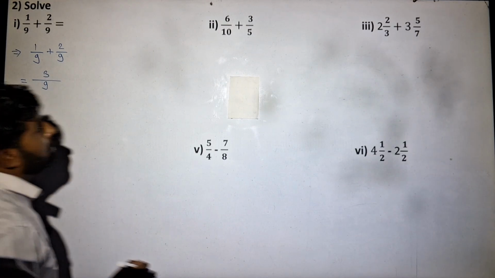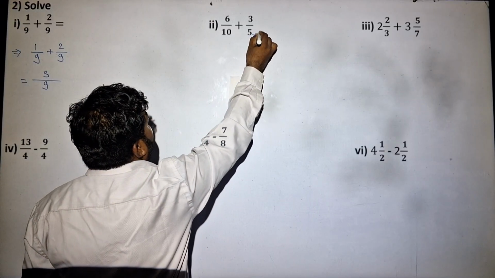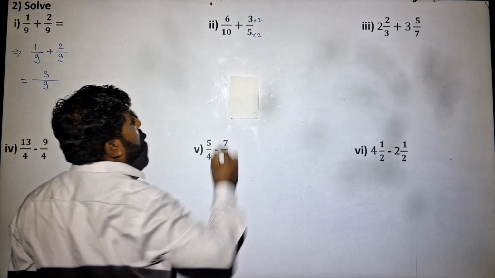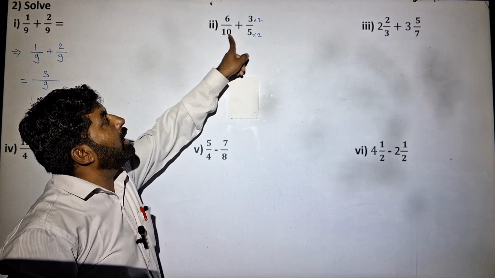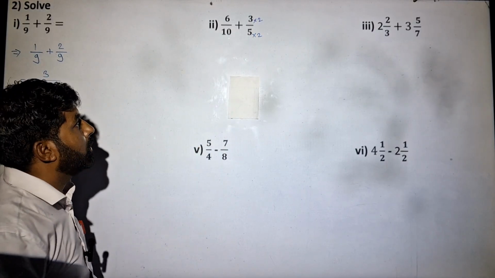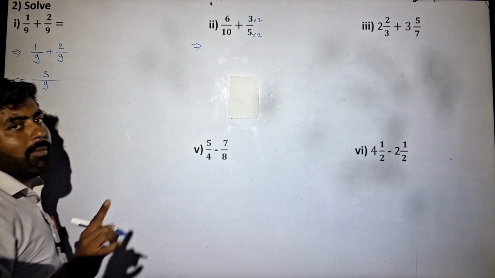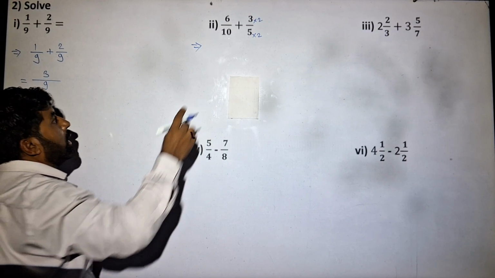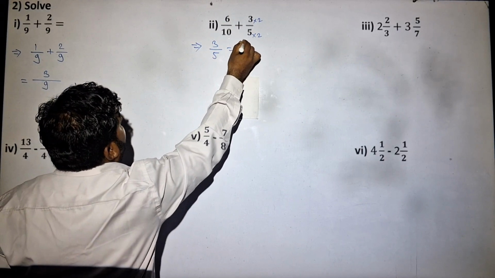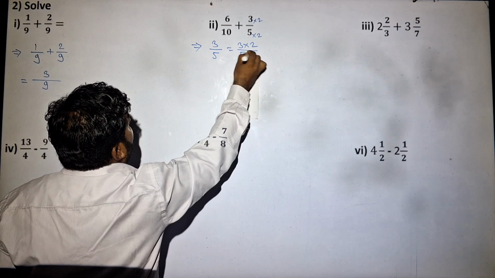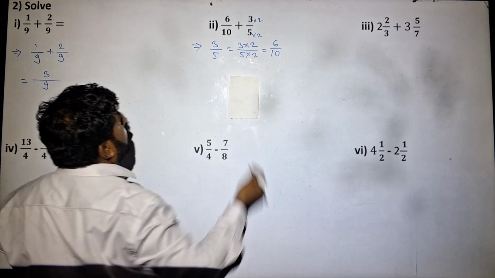Now next one: 6 by 10 and 3 by 5. Here the denominators are 10 and 5, so we first convert 3 by 5 into a like fraction. 3 into 2 and 5 into 2 is equal to 6 by 10.